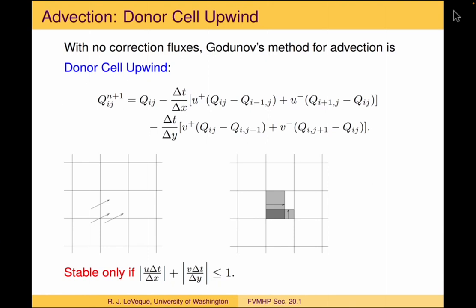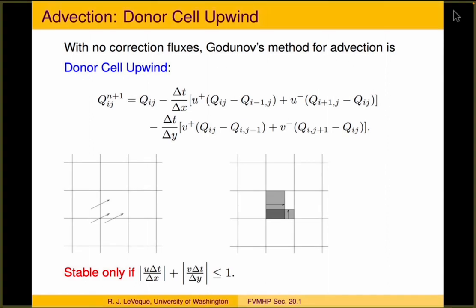So let's look first at the upwind method, and start out with what's sometimes called the donor cell upwind method, the simplest version of Godunov's method on a rectangular grid in 2 space dimensions. In the x direction, we solve the Riemann problem in x by updating Q by u plus times Q_ij minus Q_i-1,j.